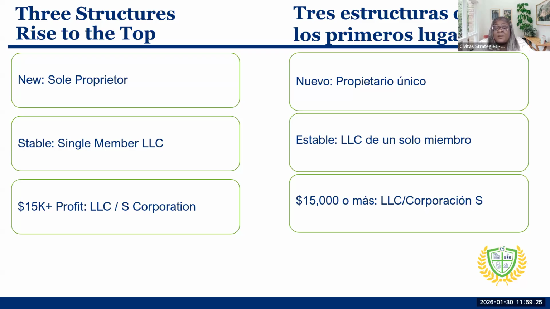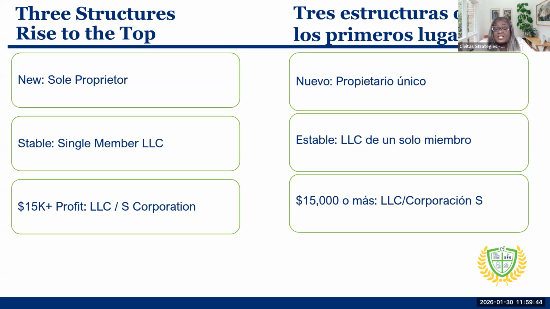Once you have become more established, you will likely want to consider being a single member LLC. A lot of businesses will start off with an LLC, knowing that LLCs can still be treated as sole proprietors at the very beginning.